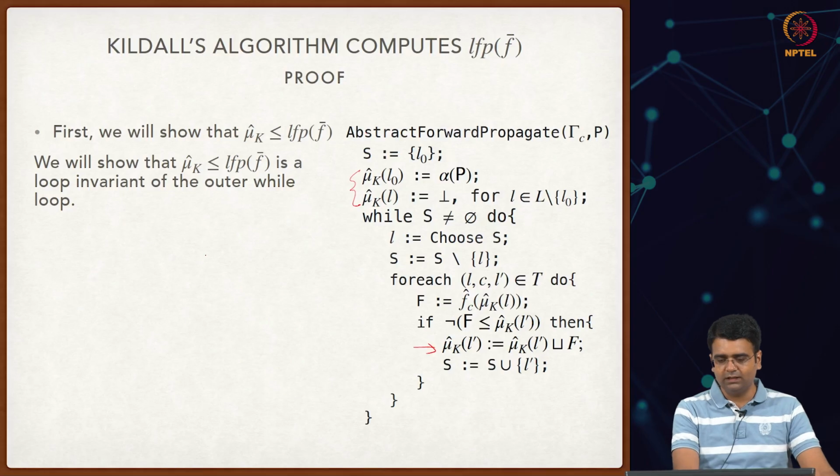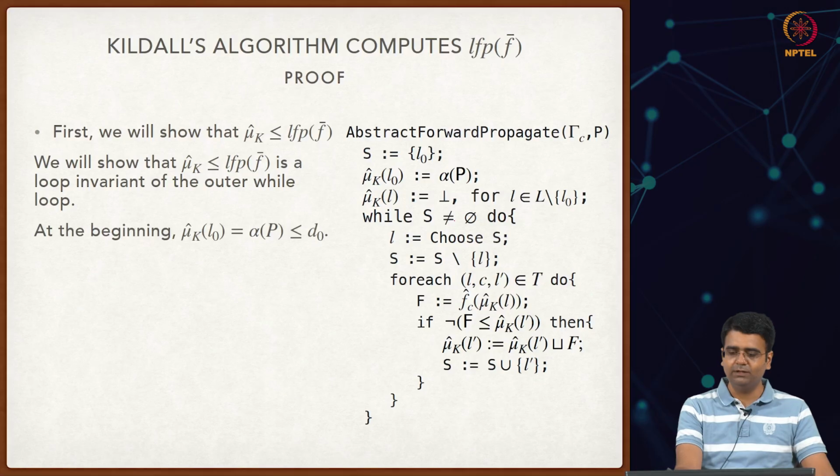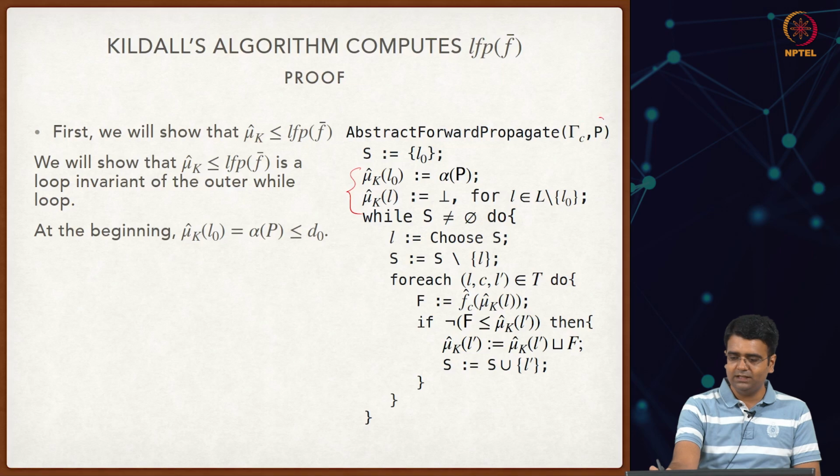In order to show that something is a loop invariant you need to show multiple things. You need to show that it holds at the beginning of the loop, which means at the beginning of the first iteration of the loop. So what happens at the beginning? At the beginning mu hat k is initialized using these two statements. At the location L0 it is initialized to alpha of p, where p is the precondition.